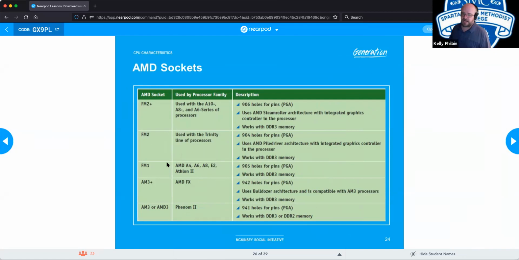So if they give you an i5 processor and they give you a bunch of FM1, FM2, AM3 slots, and then they give you a LGA 1437, which one are we pairing it up with? Because remember, AMD sockets cannot accept Intel chips.